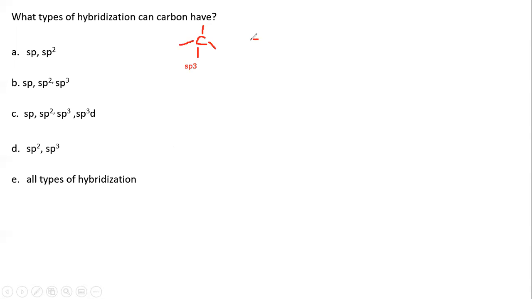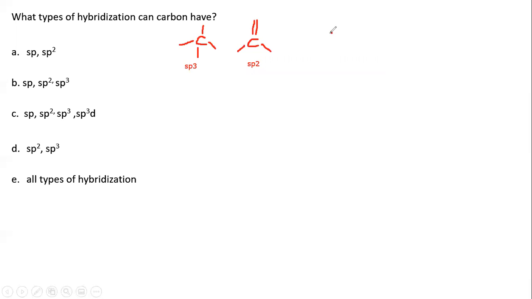Next, another bonding motif of carbon is 1 double bond and 2 single bonds. So here we have 3 electron pairs. This would be sp2 hybrid orbitals for carbon. Notice you count double bonds as 1 pair.